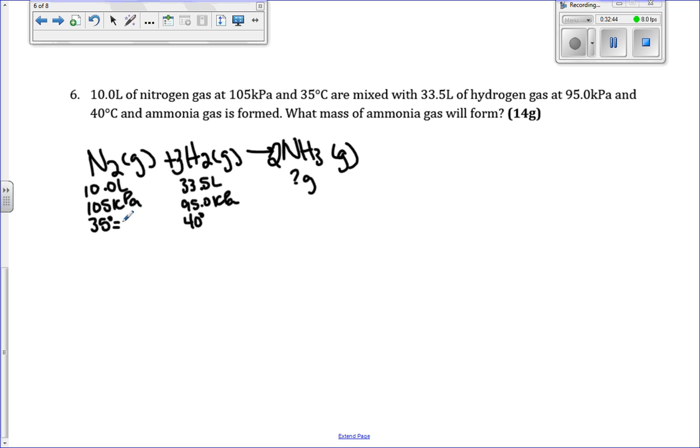We see that this becomes 308.15 Kelvin, and this becomes 313.15 Kelvin. Always make sure, if you're going to use the ideal gas law, to convert your temperatures. Speaking of the ideal gas law, PV equals nRT. This is how we're going to calculate the number of moles. So n is going to be equal to PV over RT.